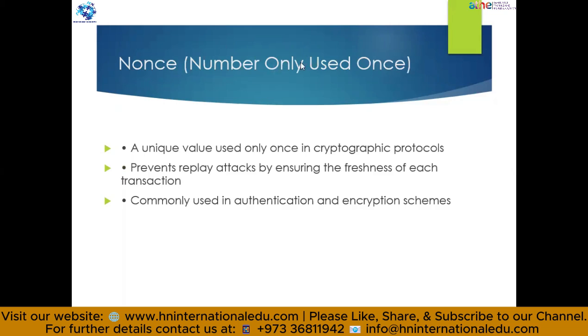Nonce, number used only once: a unique value used only once in cryptographic protocols, to prevent replay attacks by ensuring the freshness of each transaction. Okay, and commonly we can use it in authentication and encryption schemes. Like for example, in our WhatsApp and in our different applications, we have the technique of double authentication.